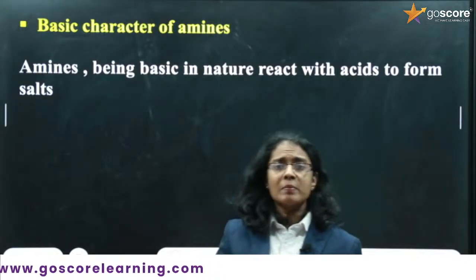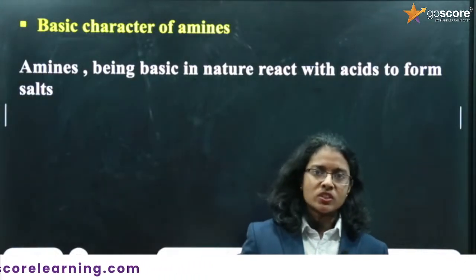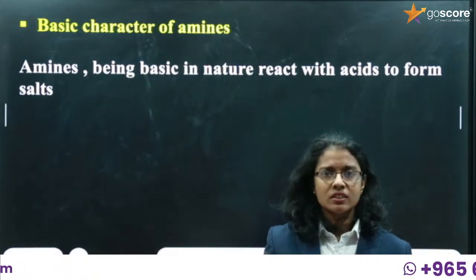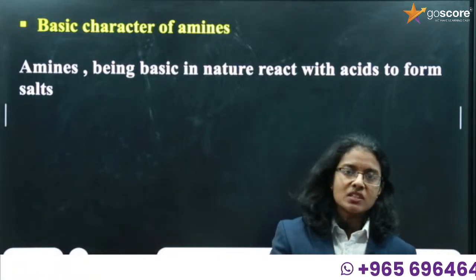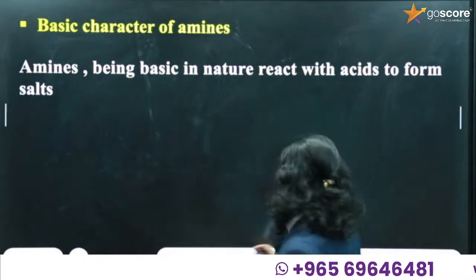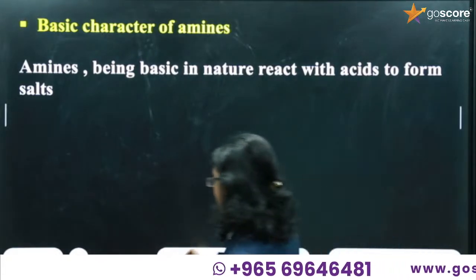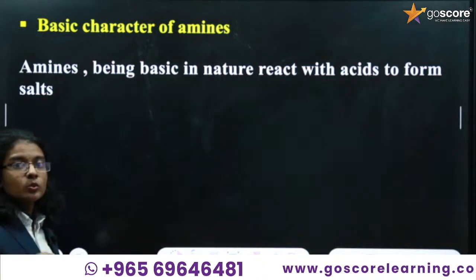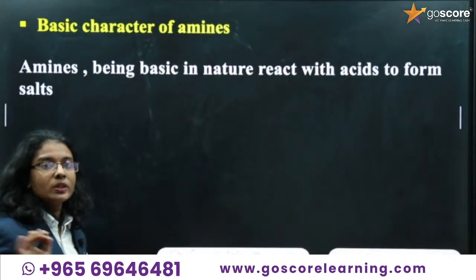Okay, first one is basic character of amines. You know that amines are basic in nature. What will happen when amines react with an acid? What will happen when a base reacts with an acid? You have been studying since your ninth standard that a base reacts with an acid to form salt and water.